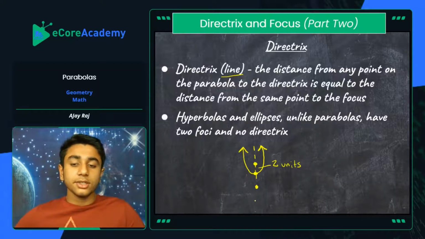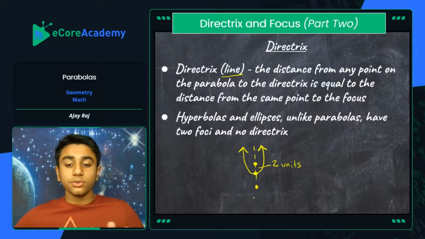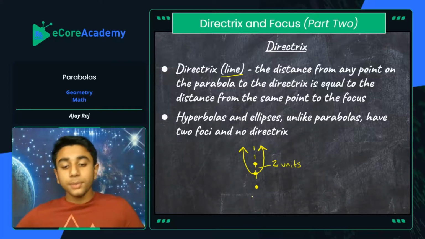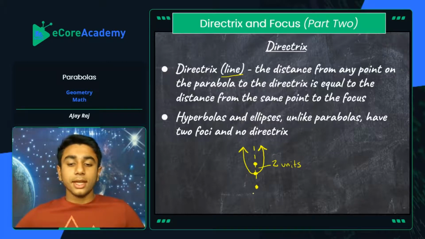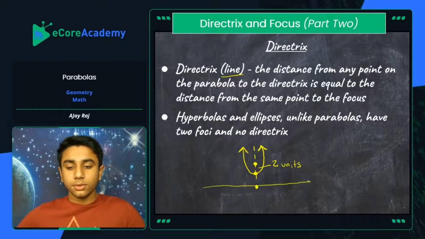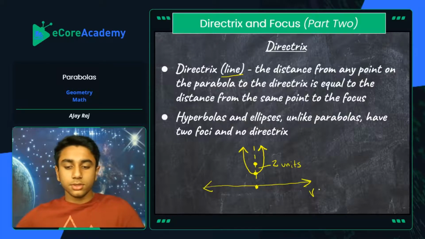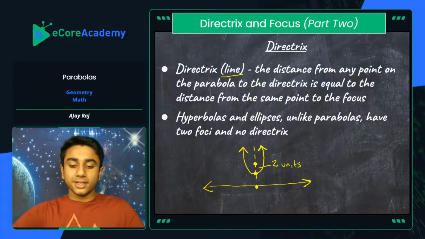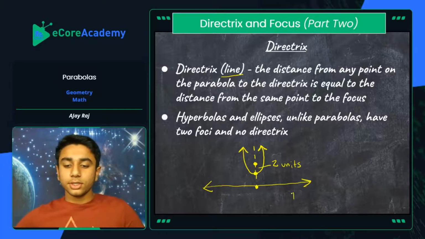The directrix in this case, when it comes to x squared values, when you have your parabolas going up or down, is always going to go straight across horizontally. So our line would look something like this for our directrix. This is our directrix. Almost said vertex there.